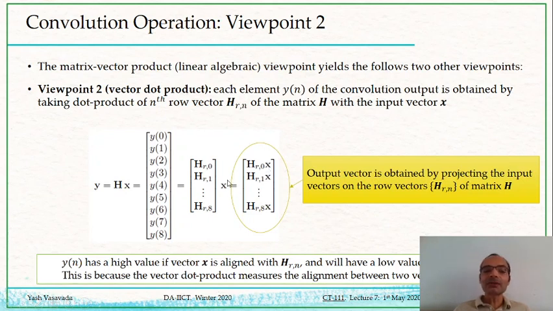And so therefore, a particular element of this vector y will have a high value if that particular row vector of H is aligned with the vector x in that multidimensional space. In the extreme case, if vector x and this particular row vector hr of n are 90 degrees apart, then obviously this dot product will become 0.